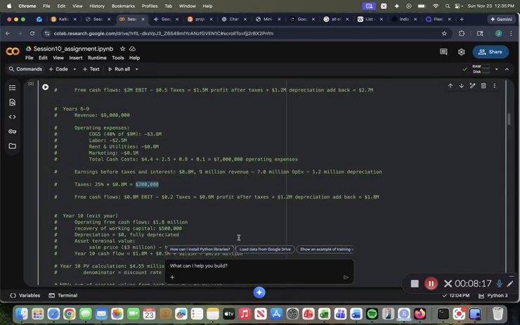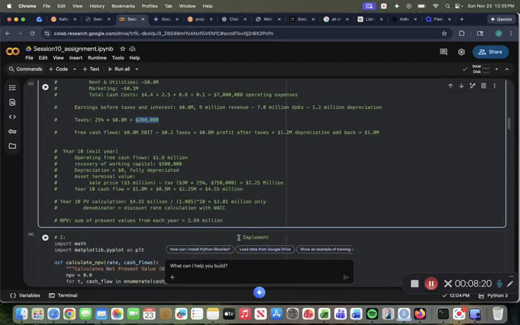1.8 million. And then looking at this last year, year 10, our exit year, where we generate the bulk of our income, we have the free cash flows of 1.8 million from the year before, the recovery of the working capital, which is $500,000. Our investment is fully depreciated, as we talked about with the salvage value being 0.